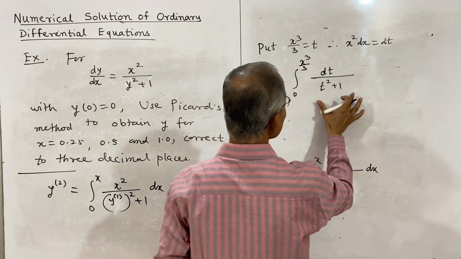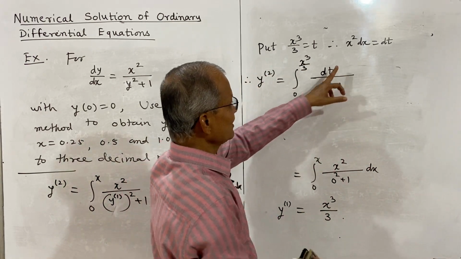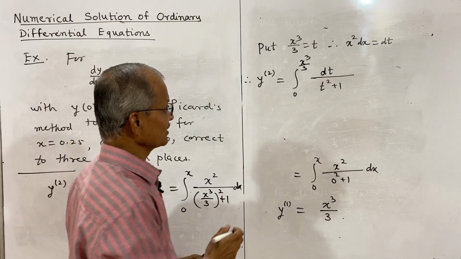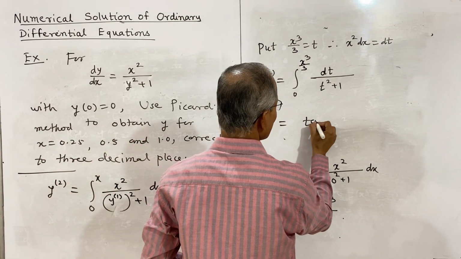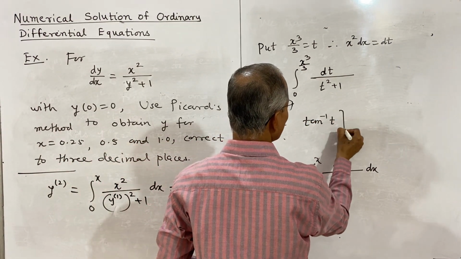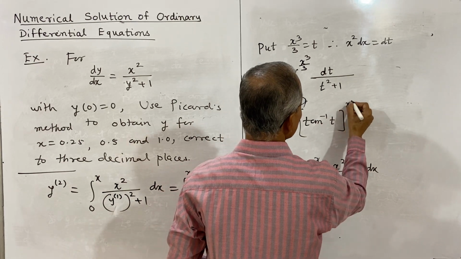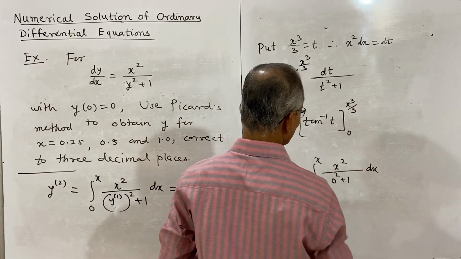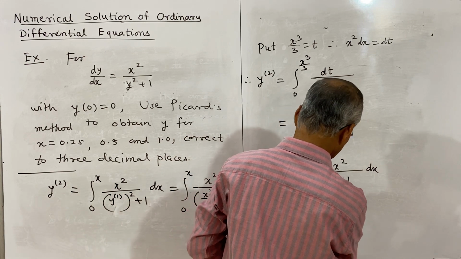So the integration of dt divided by t square plus 1 is tan inverse t. The limits are x cube by 3 and 0.